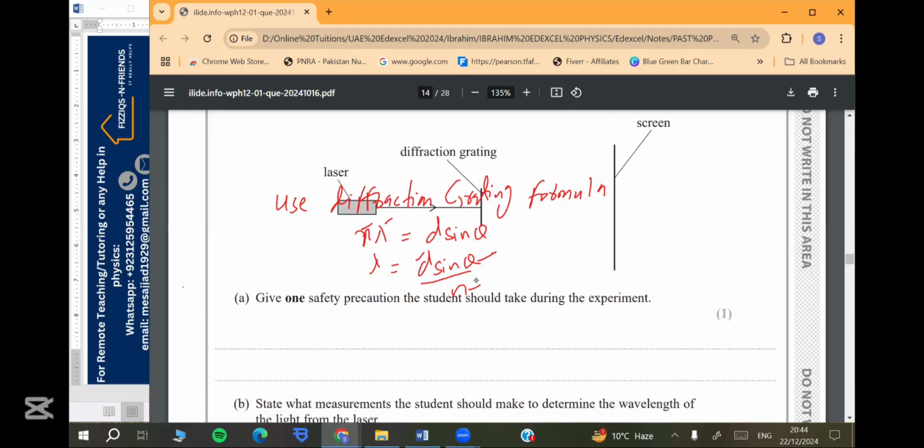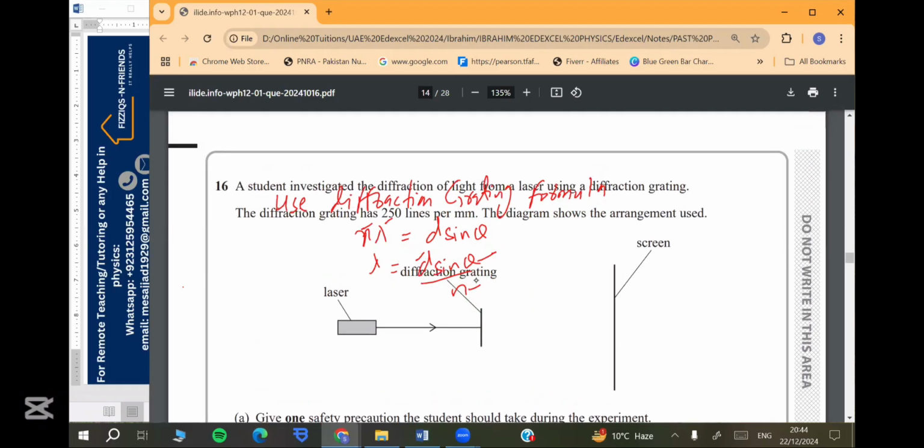Now for that, we will go back to this diagram, because when light passes through the diffraction grating, of course, it will expand like this, and it will have many dark and bright fringes. For example, this is the first order bright fringe, or this is the central bright or dark, whatever.